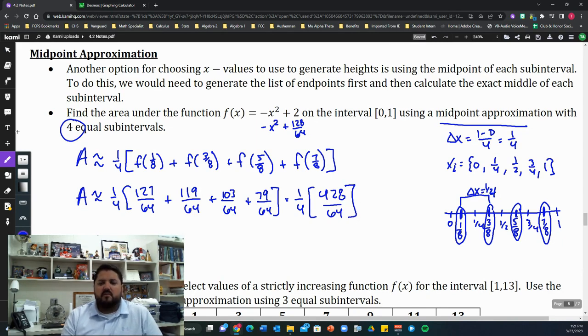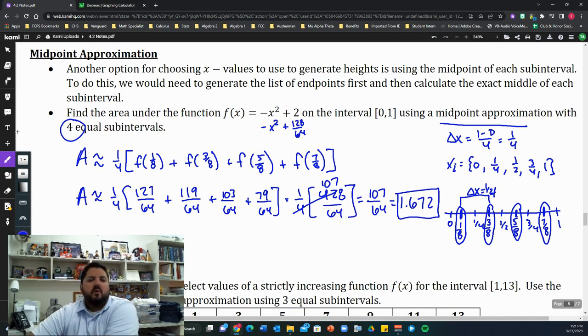This numerator is actually divisible by 4, so I'm going to reduce this to make it a little bit easier. So we get 107 over 64, or let's get a decimal for that. It doesn't reduce further, so we'll go 3 decimal places.